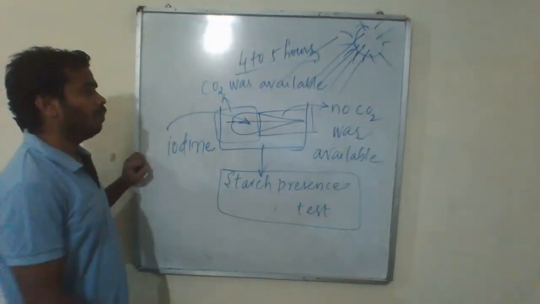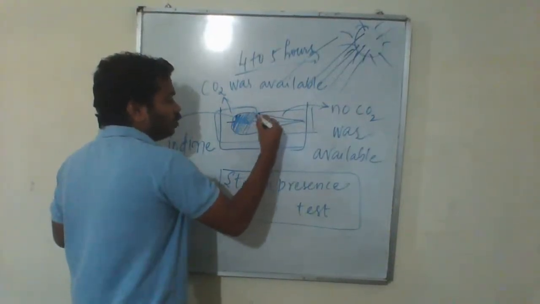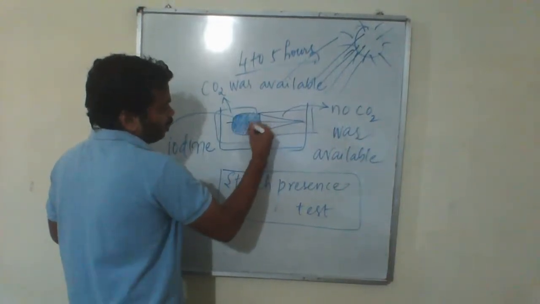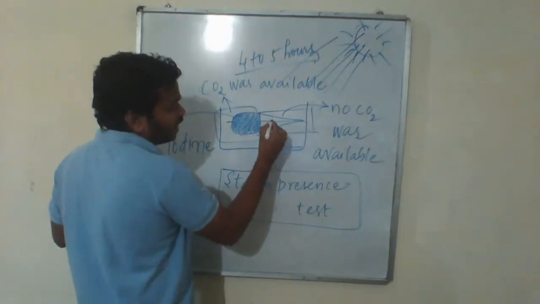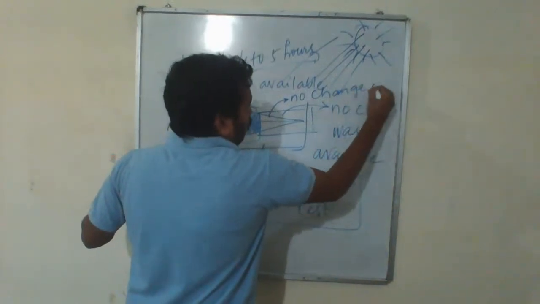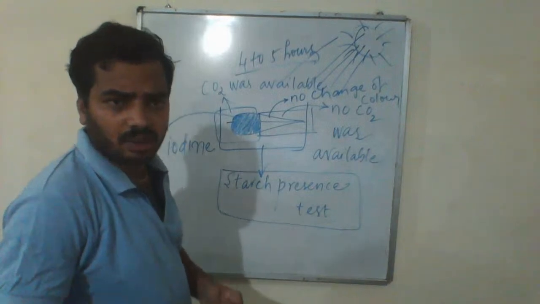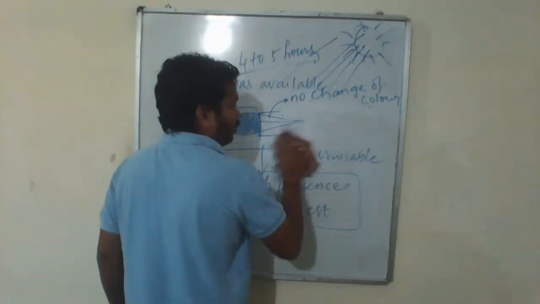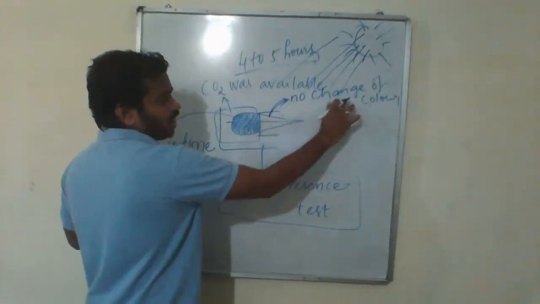If you put iodine upon this entire leaf, this particular side will turn dark bluish, blue-black color, but there is no change of color in this part of the leaf. ఈ part of the leaf లో ఏం change లేదు, no change of color.